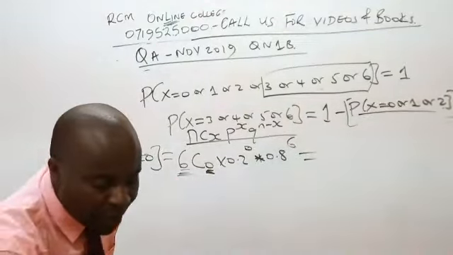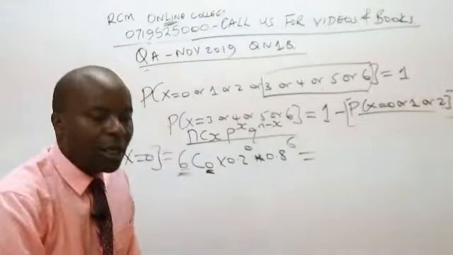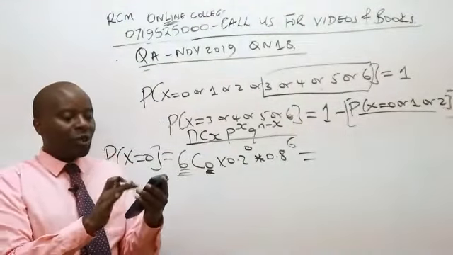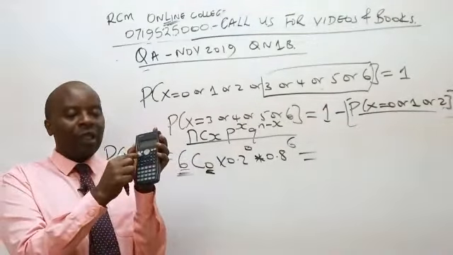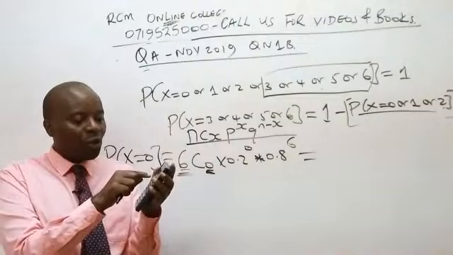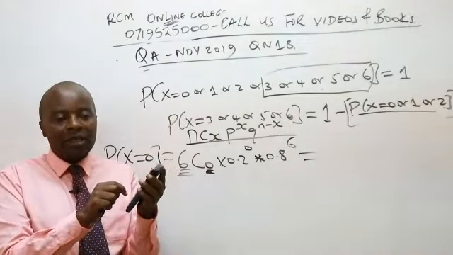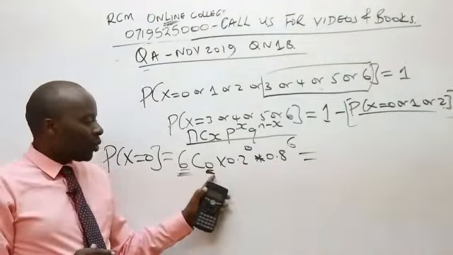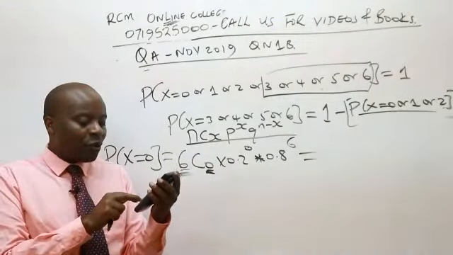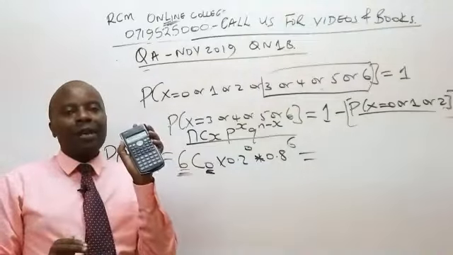What are 6 combinations 0? In my calculator, I'll press 6. I hope you are able to see the combinations just close to shift, just underneath alpha. So I'll say 6 combinations 0, this one here. And then times 0.2 raised, I hope you're able to see the raised.